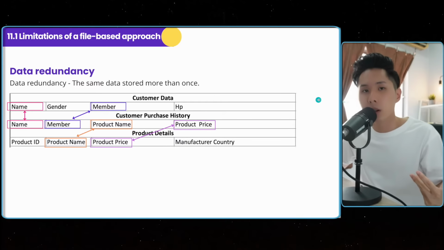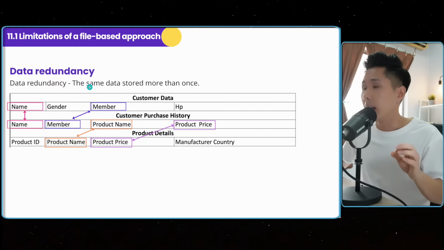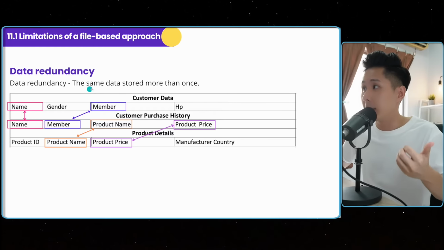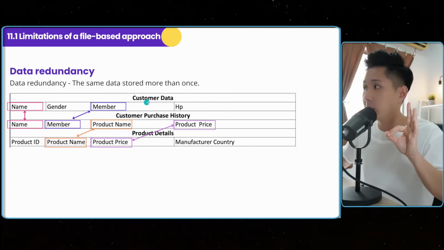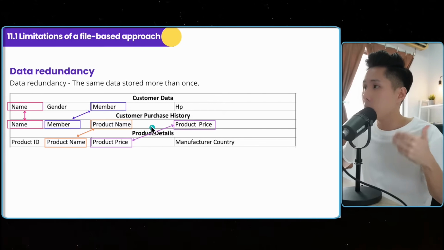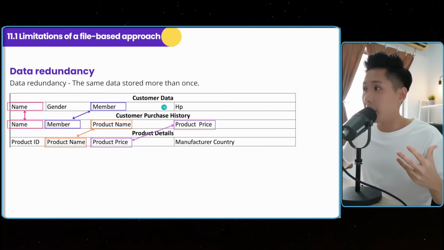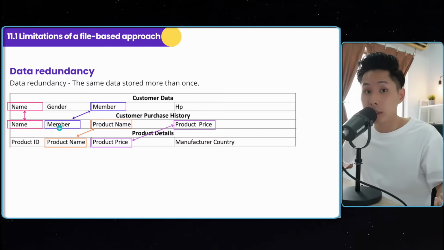And I think the biggest problem of using a file-based approach is data redundancy. It is defined as being the same data stored more than once. So in this case, I have three different tables: customer data, their purchase history and product details. If we were to store all our data in this form, you would see that there are certain data that have been stored in more than one place.